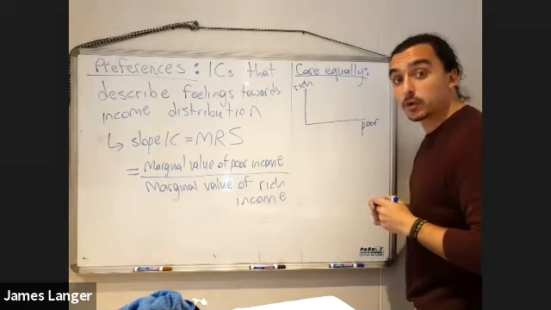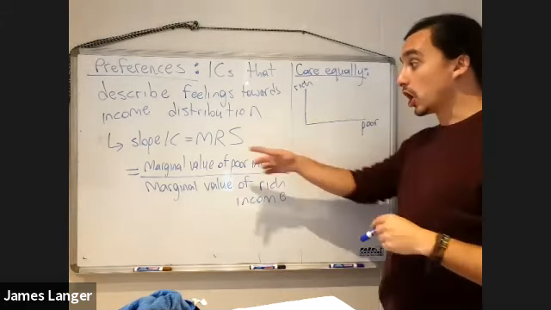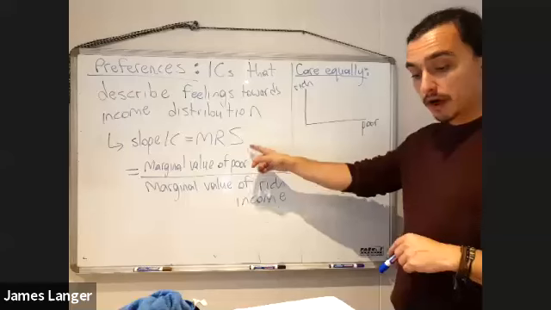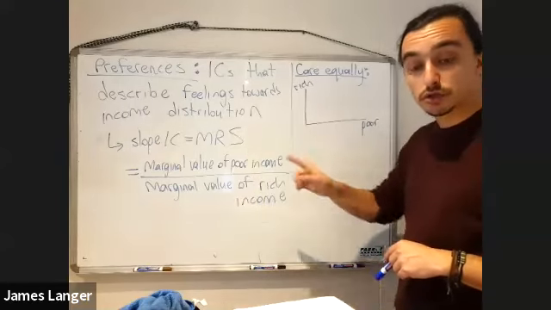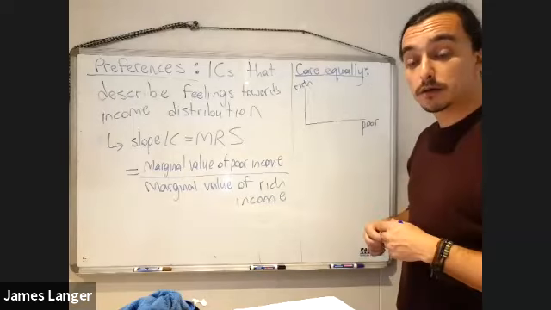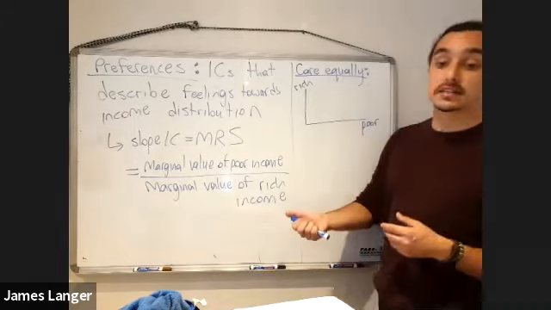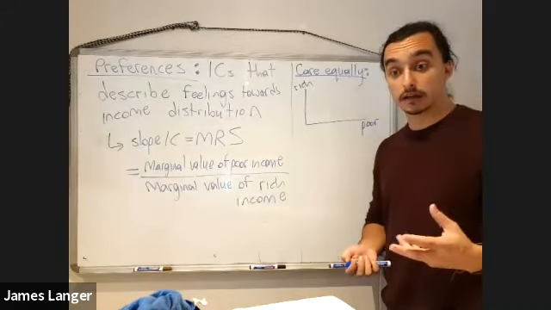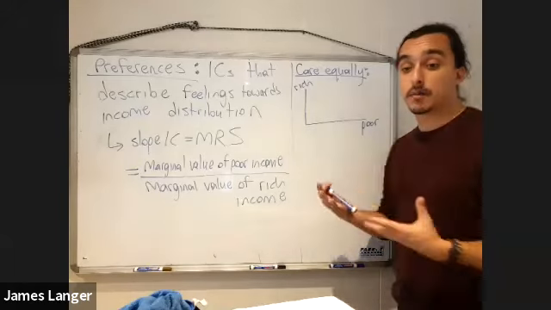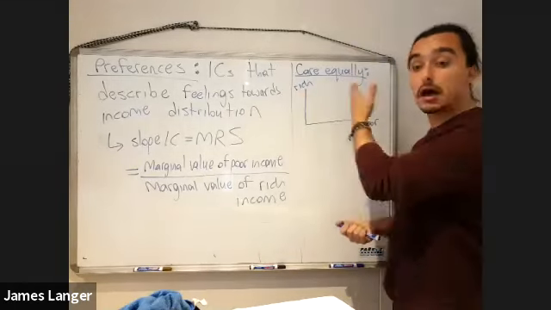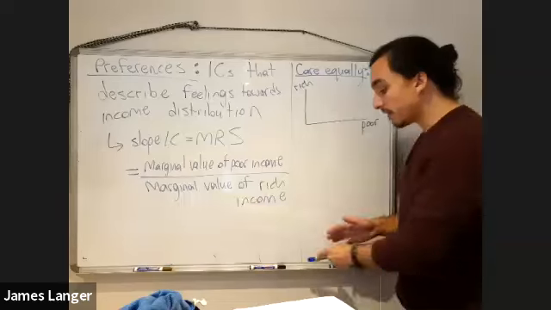If I care equally, what do you guys think the slope is going to be? What's going to be my marginal rate of substitution here? Do you think it's going to be more than 1, less than 1, or equal to 1? If I care equally about how much the rich get and how much the poor get. Okay, very good, guys.